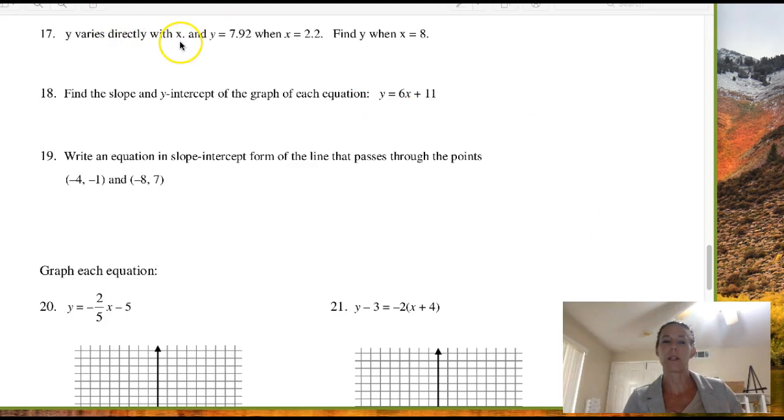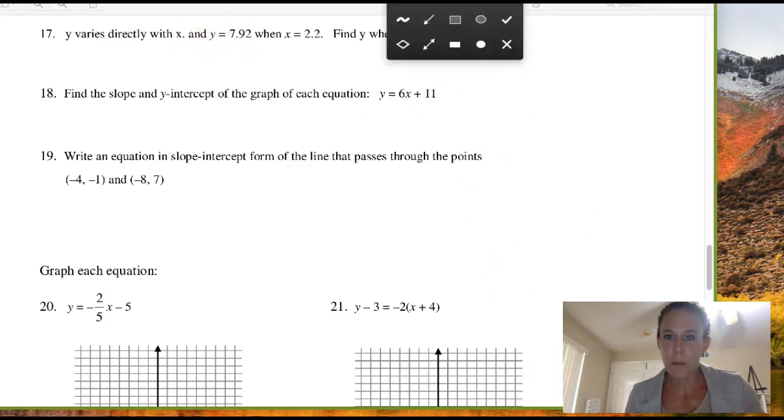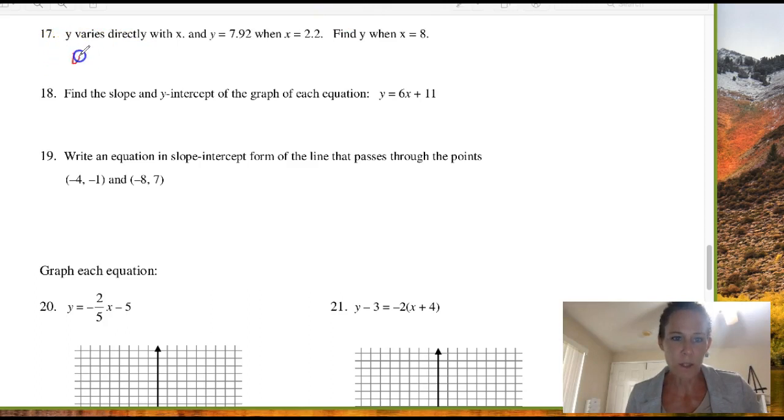y varies directly with x. Whenever I hear direct variation, I always want to write this. y varies directly with x. That means y equals something times x. Now the reason we do this with the linear equation time, this is actually a linear equation. The y-intercept is 0.